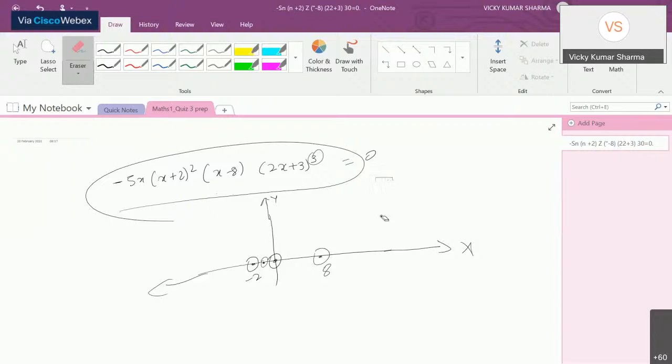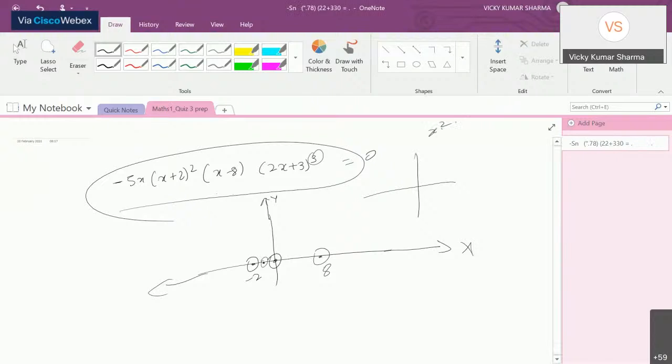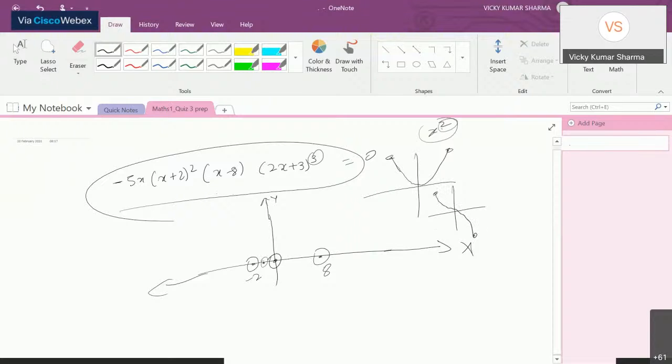For an even function, the ending is always on the same side. If I take x square, that is an even function, the power is even here. You will see its ending is on the same side, here and here. But had it been an odd power, it would not be on the same side. It will be on the other sides, like this.